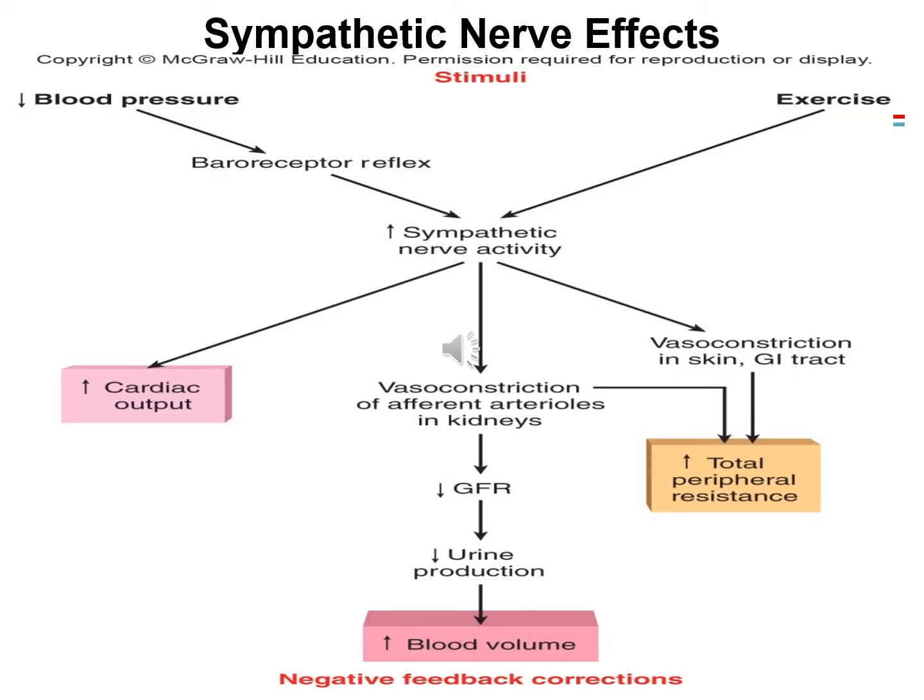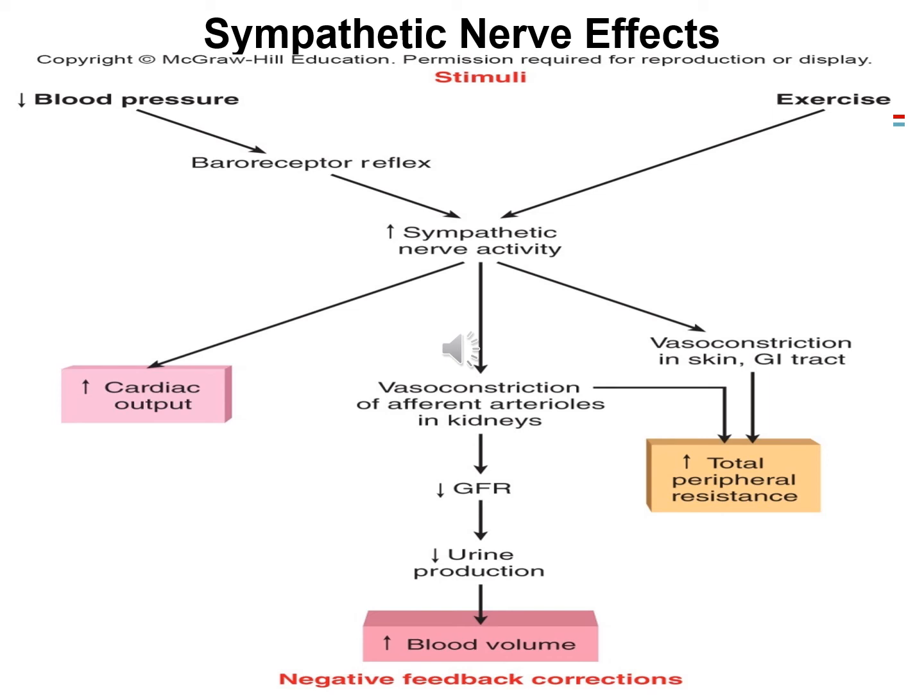Let's analyze these two scenarios. On the top left, you have a drop in blood pressure. On the top right, you are engaged in exercise. In both scenarios, we need to engage the sympathetic nervous system. The drop in blood pressure is sensed by baroreceptors.